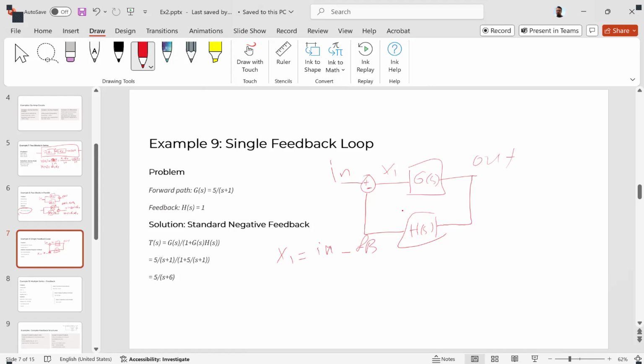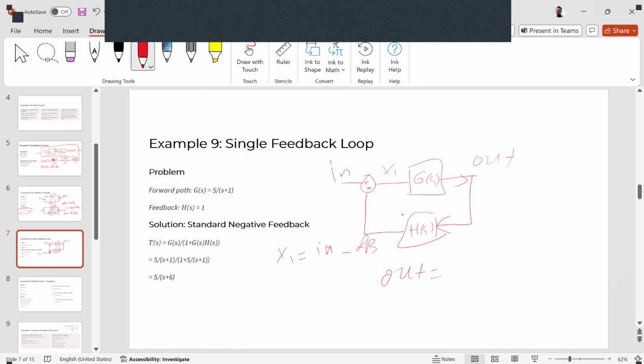This goes here, this goes here. Output is the output of that forward pass transfer function. Are we good? Is that clear? Any questions? No? So our output is going to be simply x1 times g.